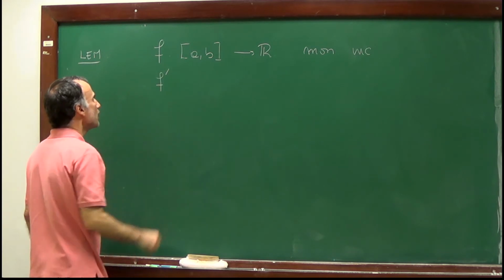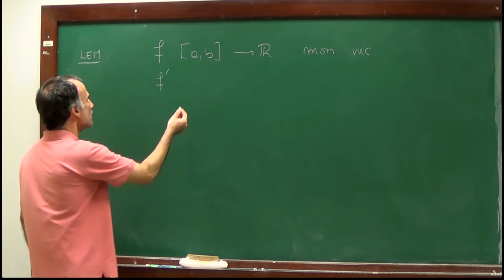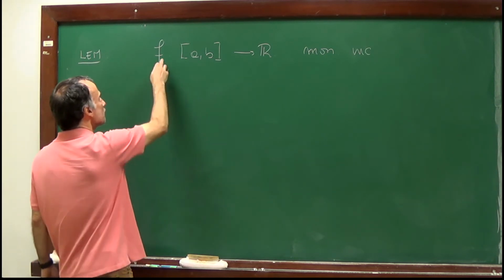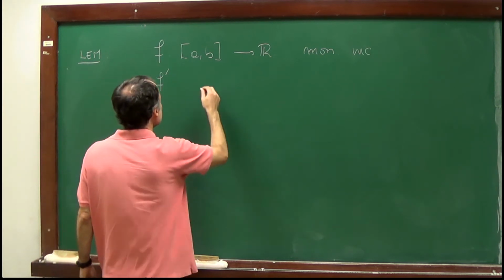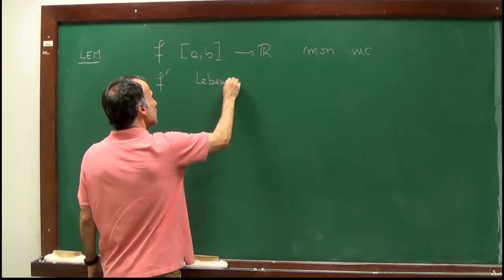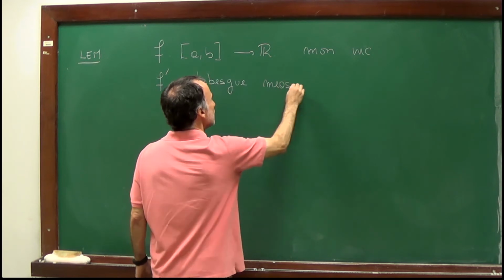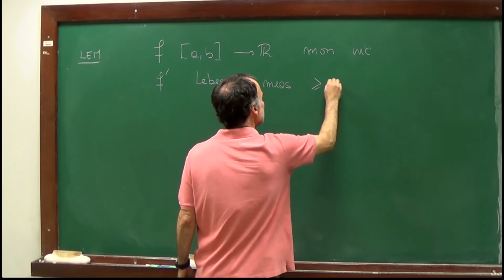Let me represent by f prime its derivative. So f prime of x is the derivative of f at x. What I claim is that this function is Lebesgue measurable. It's non-negative.